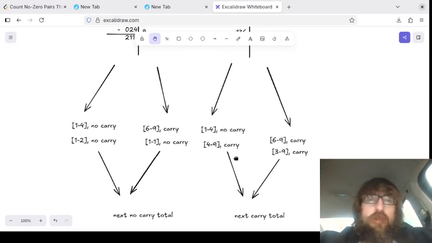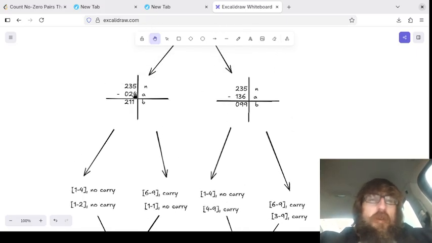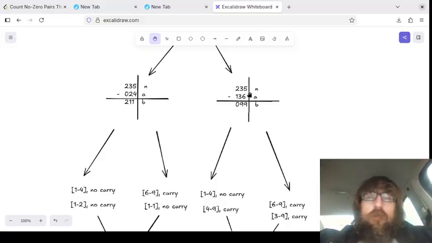So the next iteration, I'm going to use the number of ways that I can get to the carry case and the number of ways that I can get to the no carry case with no 0 integers for A and B, right? No 0 digits for A and B. Notice something important here, subtle, is that A and B could have a 0.